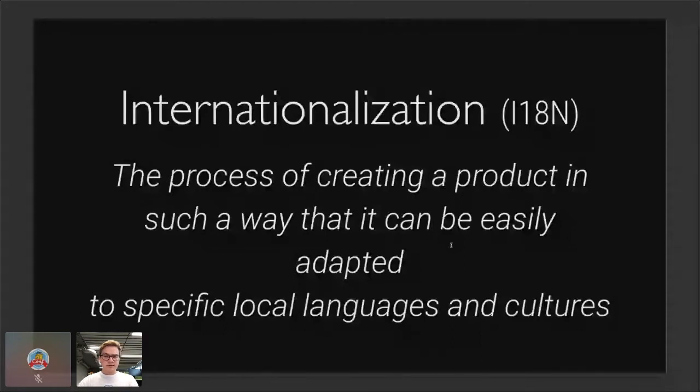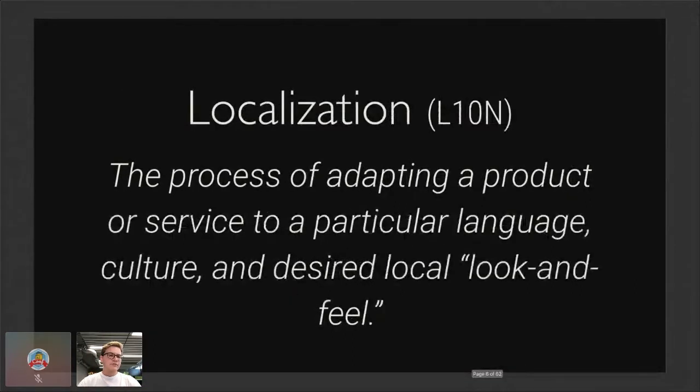And by the way, internationalization is such a hard word to pronounce, so we usually abbreviate it with I18N. So 18 is the number of characters between I and N. And next we have localization, which is the process of adapting the product or service to a particular language and culture, to have this desired local look and feel.